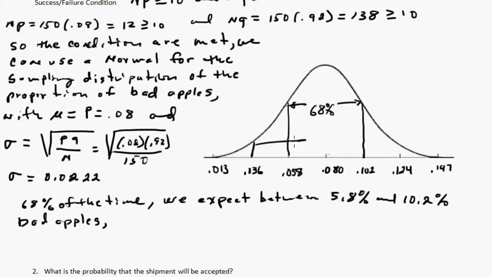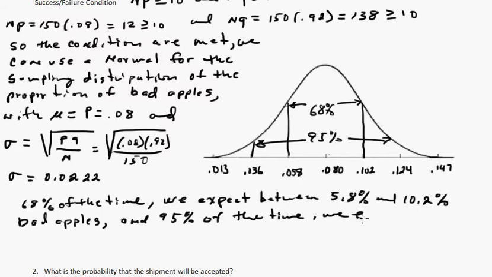And 95% of the time, we expect between 3.6% and 12.4% bad apples.